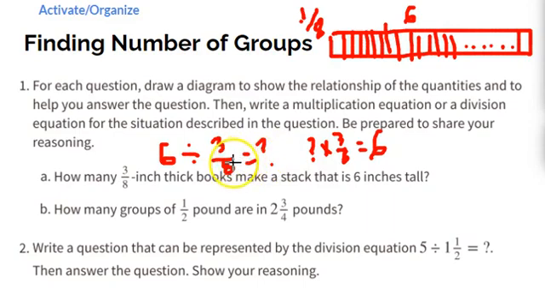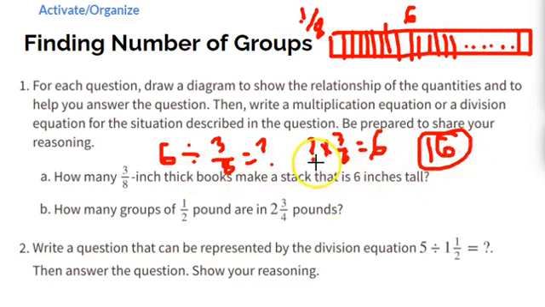We have groups of 3/8, so now we have to see how many groups of 3 we can get in there. If we've got 48, we need to divide it by 3. 3 goes into 4 one time. 4 minus 3 is 1. 3 goes into 18 6 times. So there are 16 books in that stack.